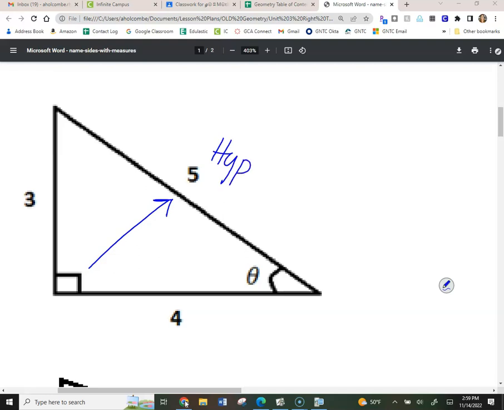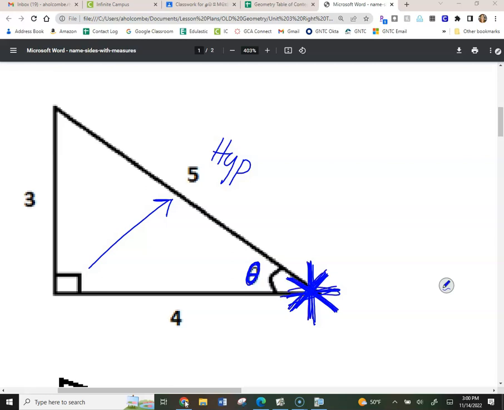Now, the new part is, after you label your hypotenuse, you're going to now have on your picture theta, which means label your hypotenuse, then direct your attention to this angle right here. You can either circle the corner, or you can draw an asterisk to say, okay, I'm focusing my attention from this angle right here.